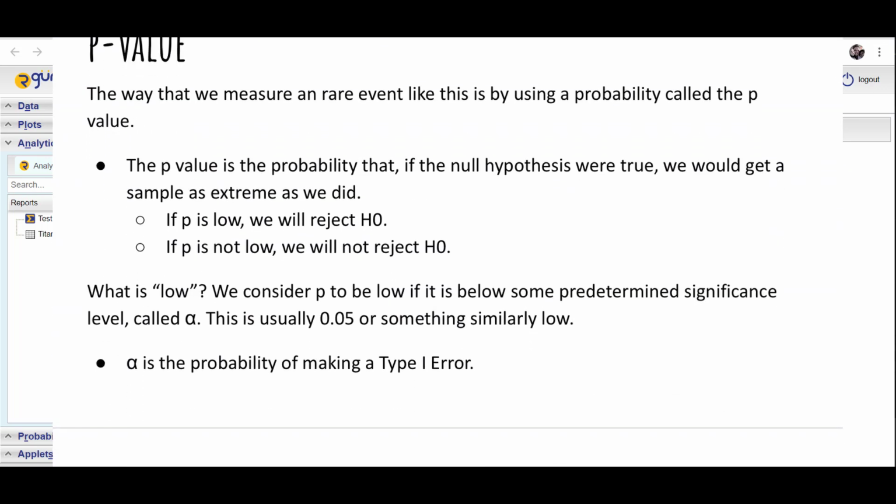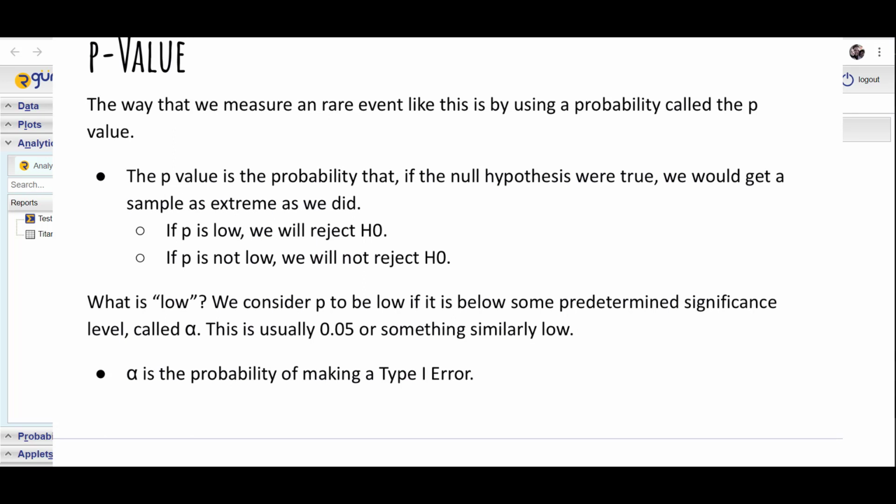Now, when we are trying to figure out whether it's likely or not, we actually calculate a probability. The way we measure a rare event is with what is called a p-value. A p-value is the probability that, if the null hypothesis were true, we would get a sample as extreme as we did.